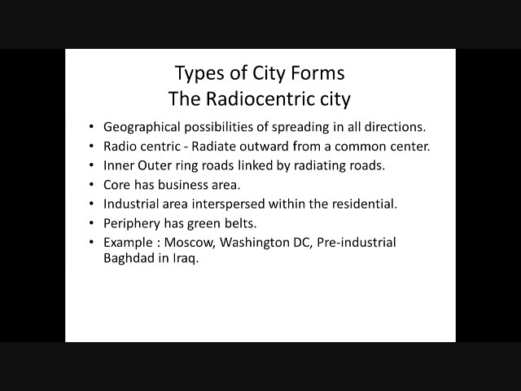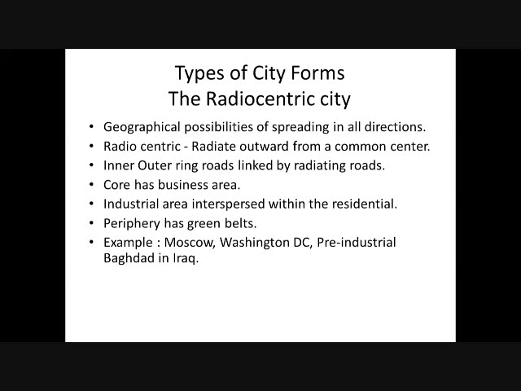So radiocentric cities radiate outward from a common center, with inner and outer ring roads linked by radiating roads. The core has the business area and industrial area, interspersed within the residential. The periphery has a green belt.